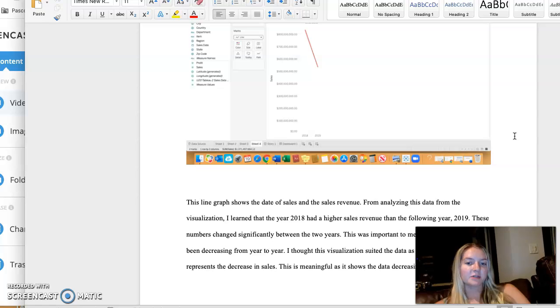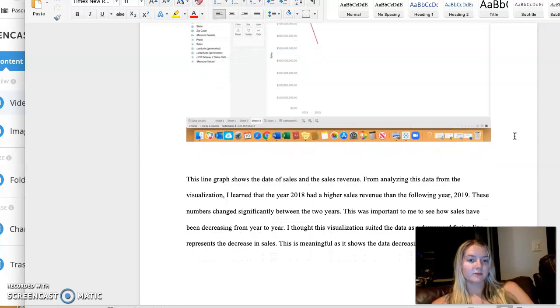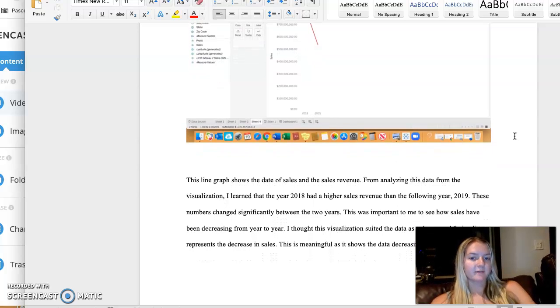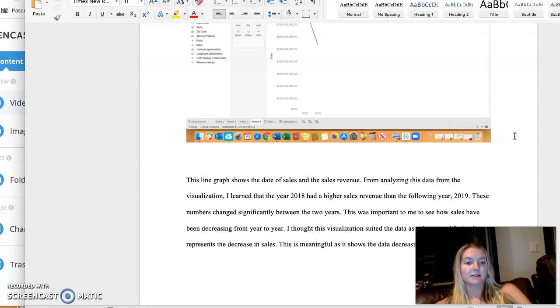These numbers changed significantly between the 2 years, as you can see by the decrease. And this was important to me to see how sales have been decreasing from year to year. I thought this visualization suited the data as a downward-facing line represents the decrease in sales, and this is meaningful as it shows the data decreasing with time.